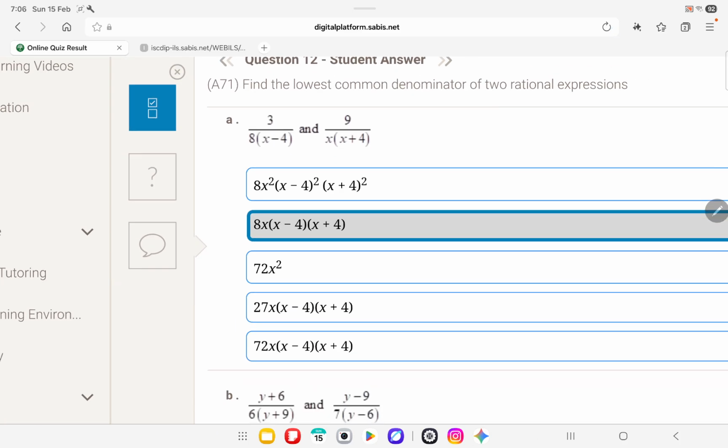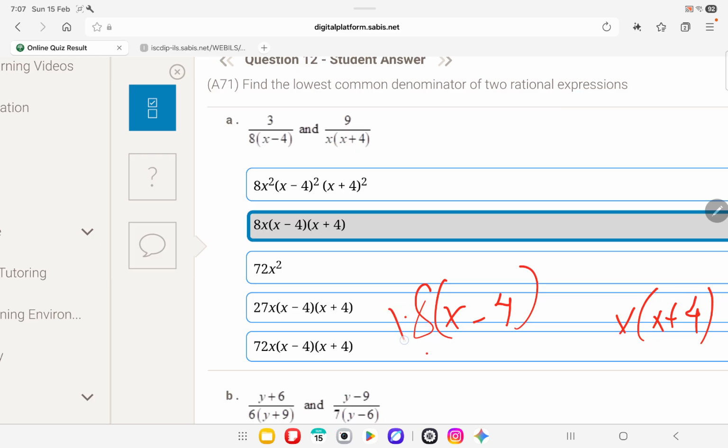One second. Minus 4 and x plus 4. So we're missing from each part. Here we're missing an x, so we're gonna write times x, and we're missing x plus 4, so we write times x plus 4.